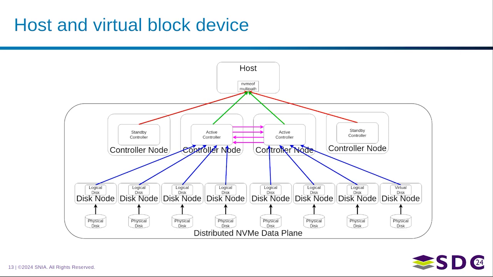And the data plane code is just all existing features in the Linux kernel. So for the data plane, when we build this cluster for the controller node and the disk node, we just configure the Linux kernel to create these active controllers, logical disks and standby controllers.